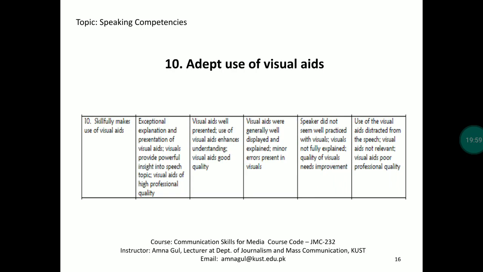Tenth, adept use of visual aids, which means that a student skillfully makes use of visual aids. Exceptional explanation and presentation of visual aids, which is visuals provide powerful insight into the speech topic. Visual aids of high professional quality are used.